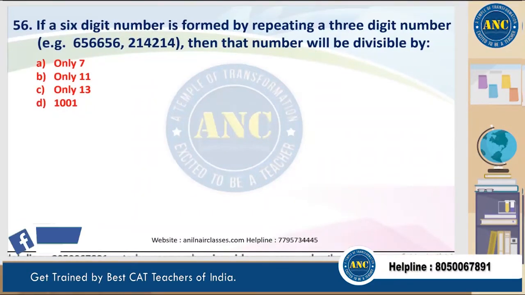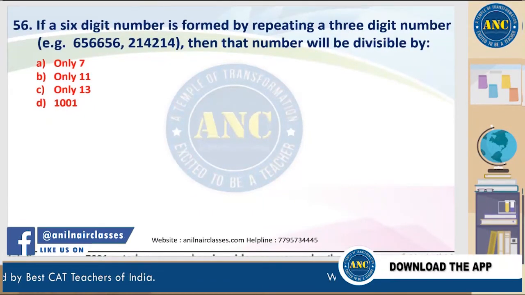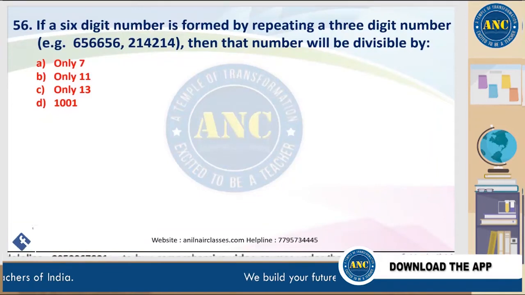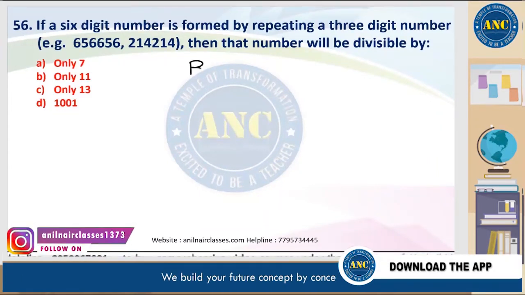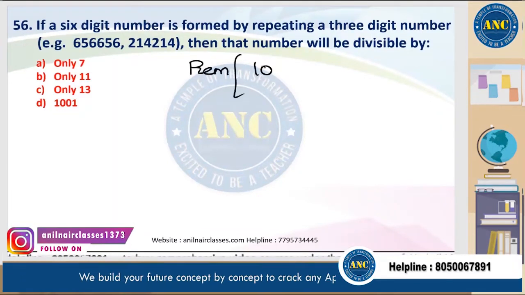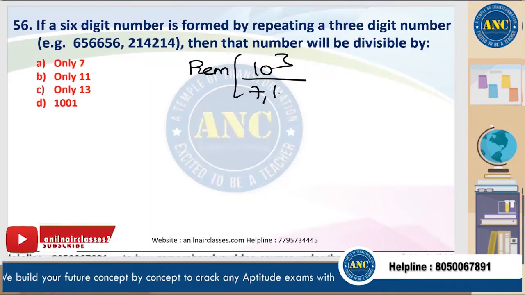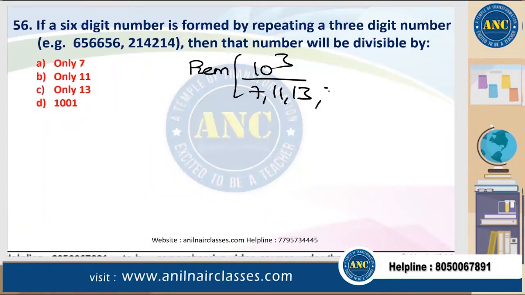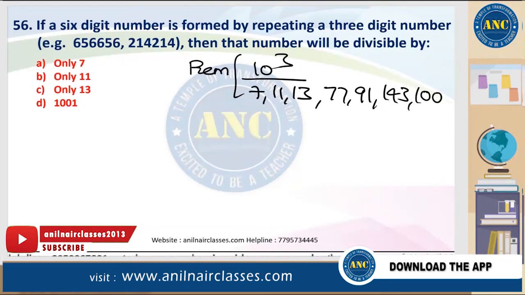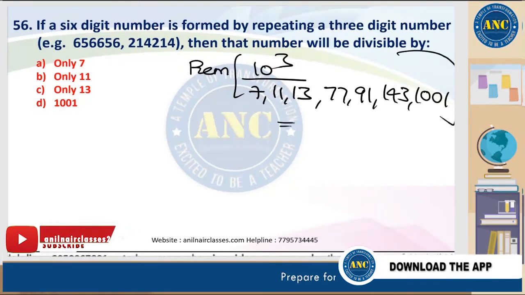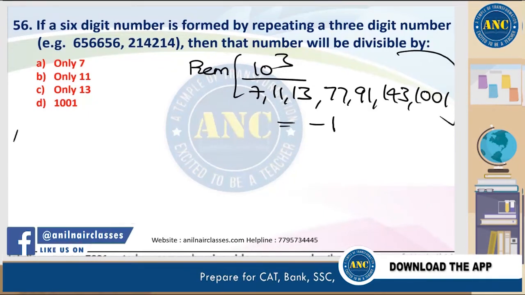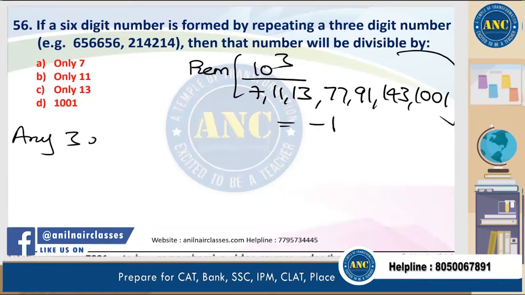If a 6-digit number is formed by repeating a 3-digit number, already what we wrote. 10 cube plus 1 divided by 7, 11, 13: 7 into 11 into 13 is 1001.